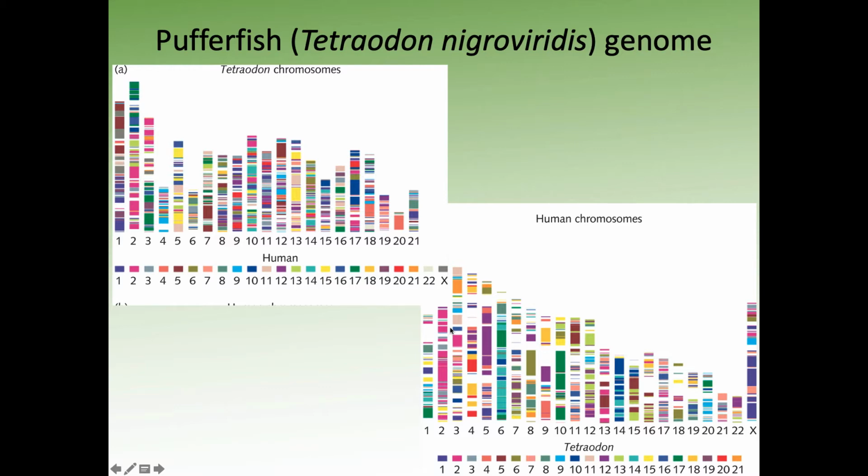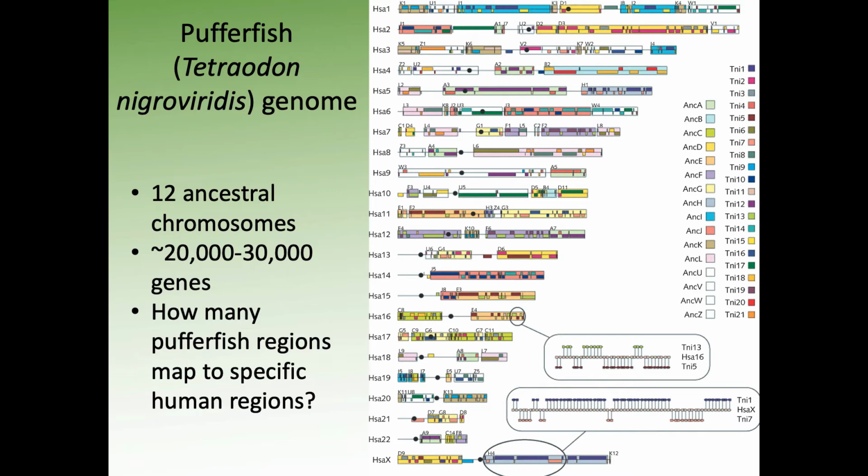We can see this a little better on this slide, where we zoom in on specific regions. On human chromosome 16, one part of the chromosome is found on pufferfish chromosome 13, and other genes are found on chromosome 5.